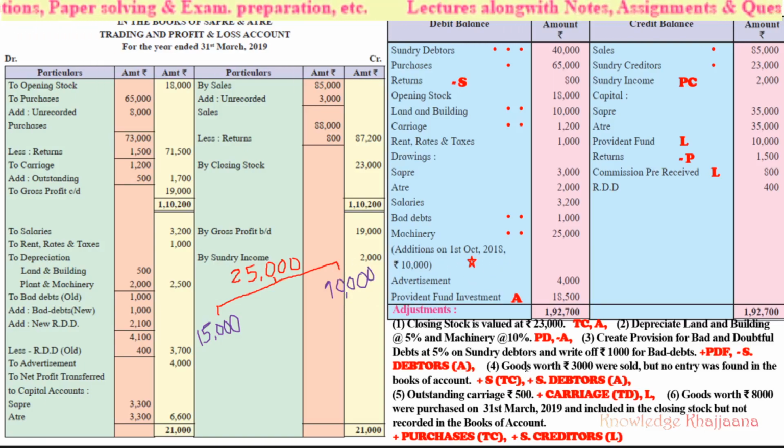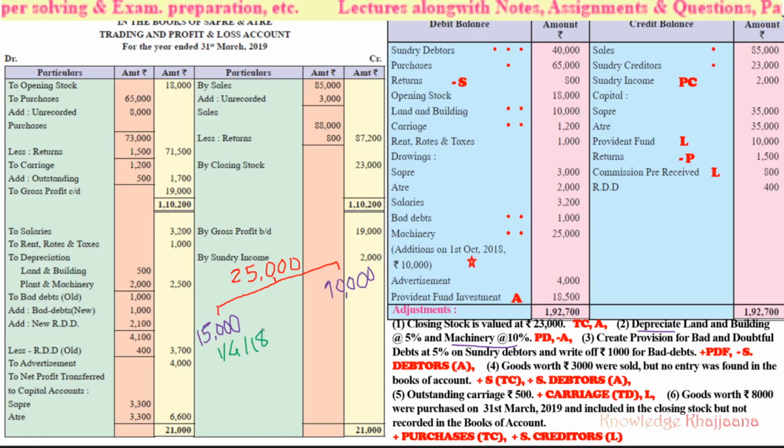See, what is the rate of depreciation? The rate of depreciation on machinery is 10%. This machinery was purchased on 1st April 2018, means the entire year they have utilized this machinery, and the machinery of rupees 10,000 they purchased on 1st October 2018.